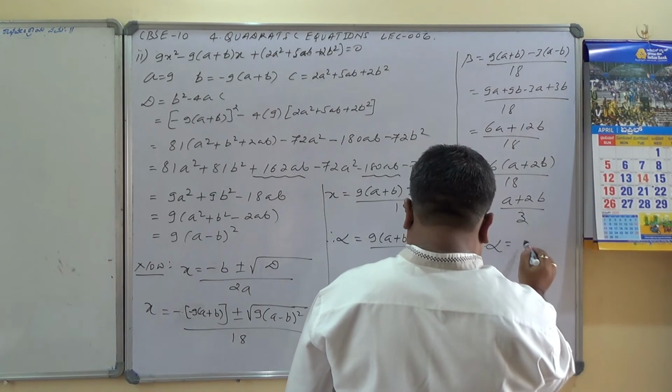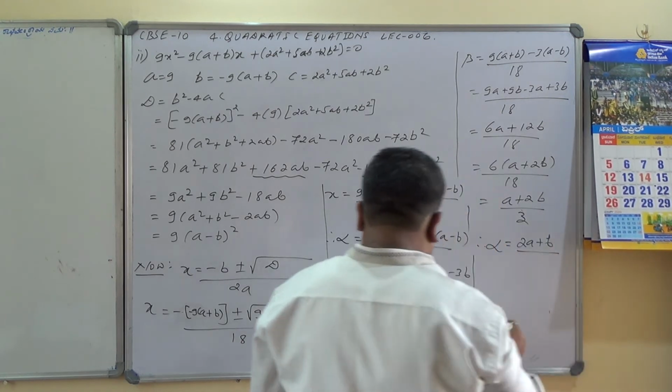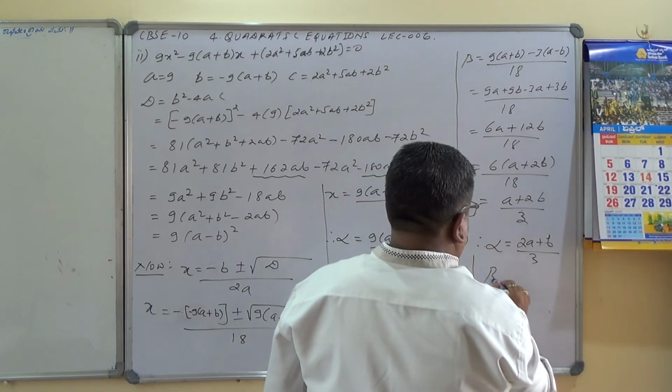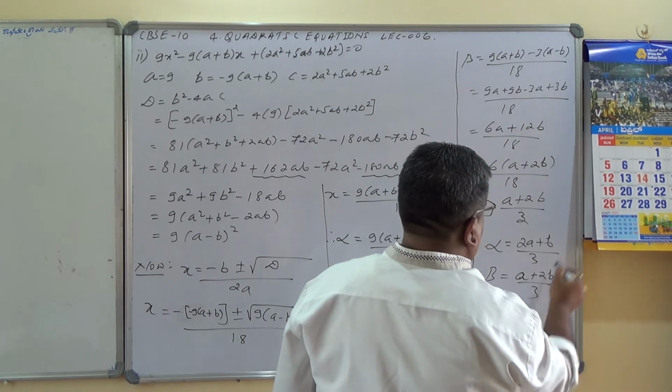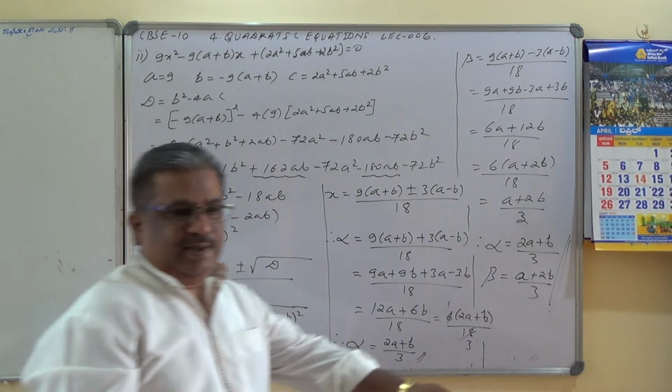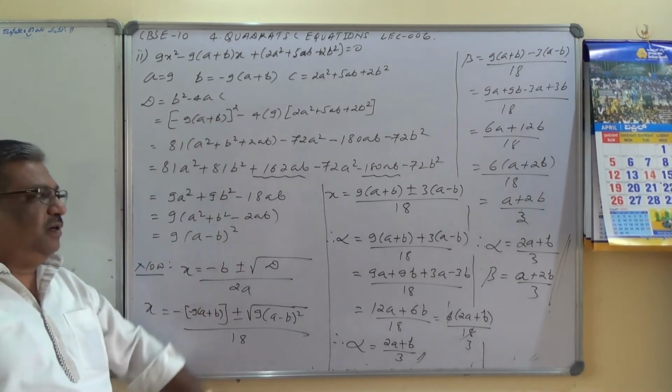Therefore alpha equals (2a + b)/3 and beta equals (a + 2b)/3. So these are the two answers. This is by using the quadratic formula.